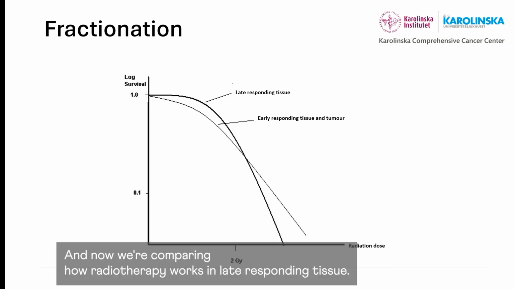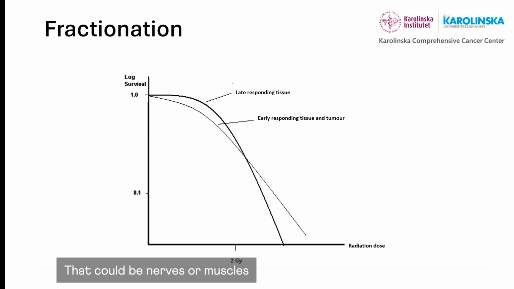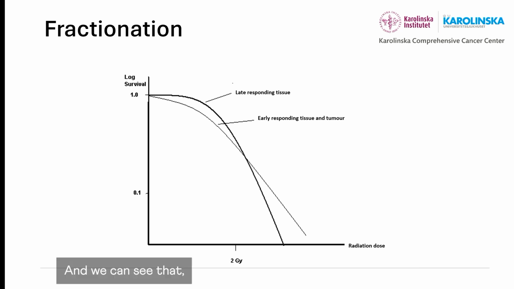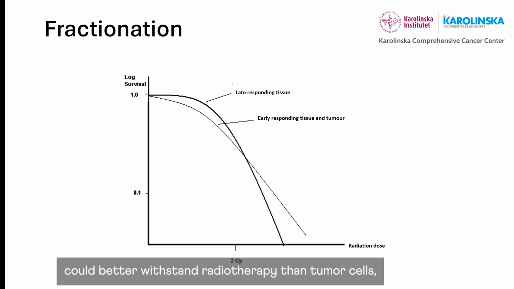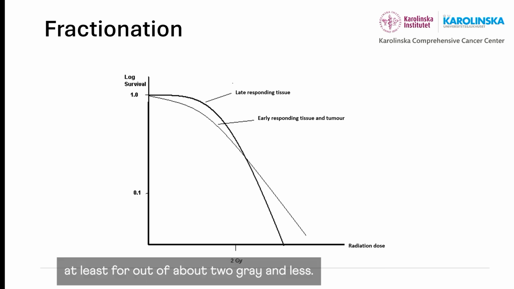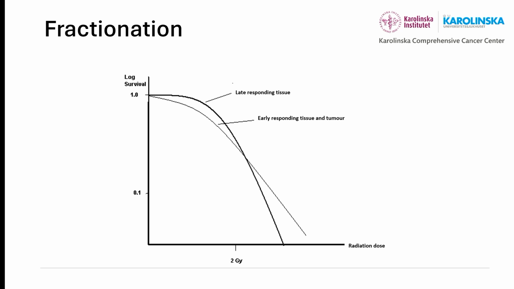Now we're comparing how radiotherapy works in late responding tissue, that could be nerves or muscles, compared to early responding tissues like mucosa or tumor. And we can see that normal tissue could better withstand radiotherapy than tumor cells, at least for about 2 gray and less.